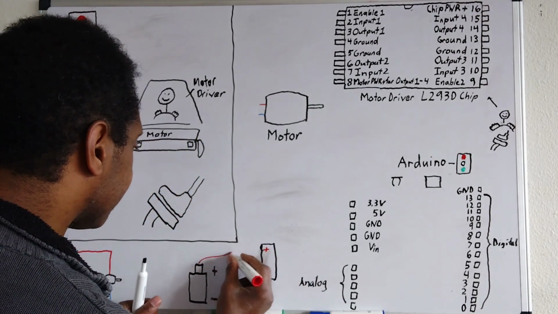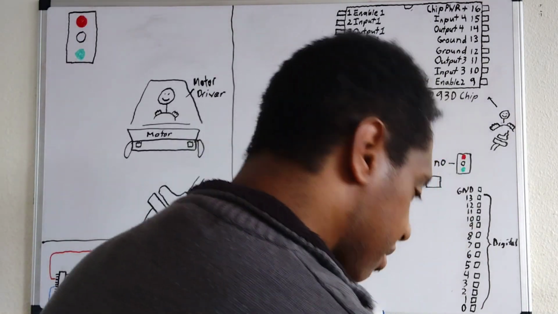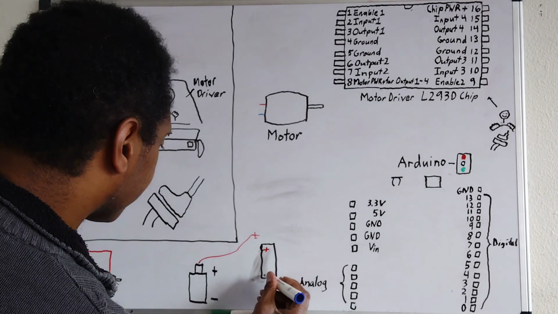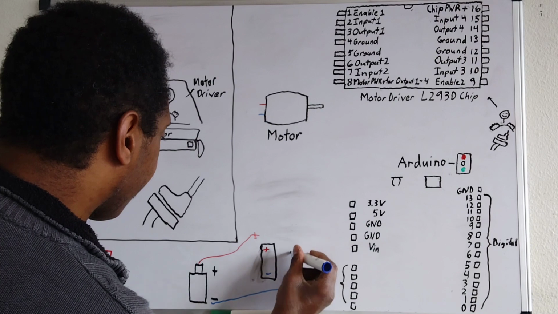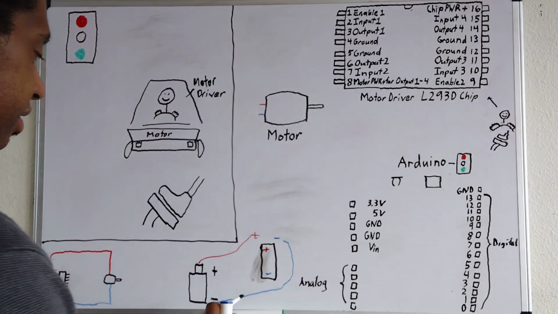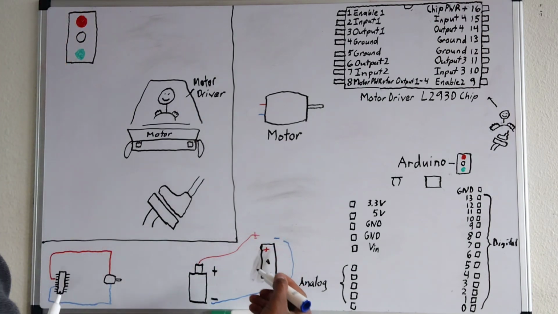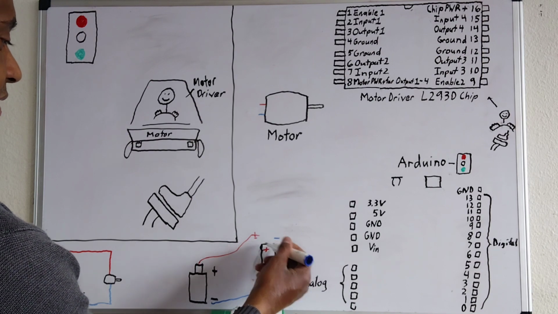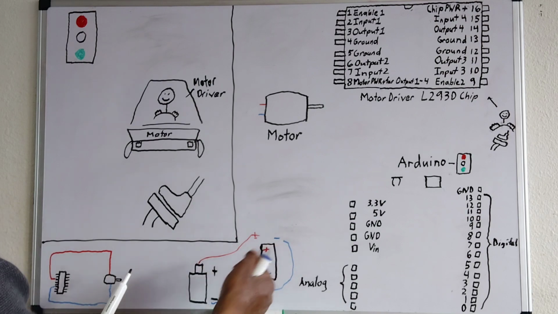Let's take this and put it here, so we have a positive, and then let's take this, of course it has a negative here, and we're going to put this over here as a negative. If this was free to swivel around the center, it would swivel, opposites attract. Positive would go to negative, and it would be repelled by another positive, okay? So that's how it would turn clockwise.